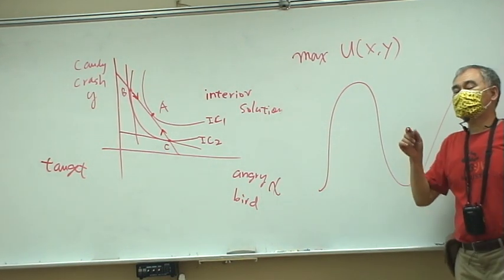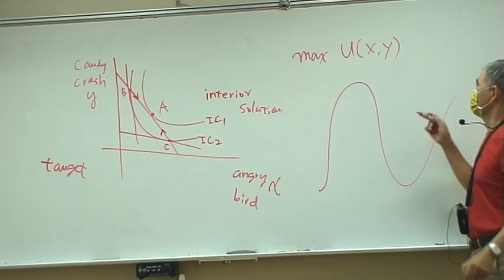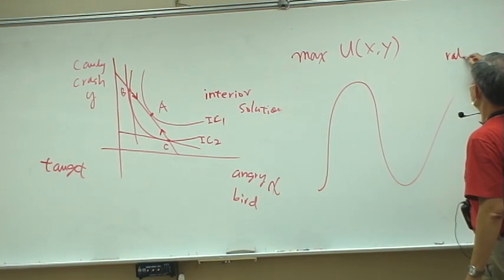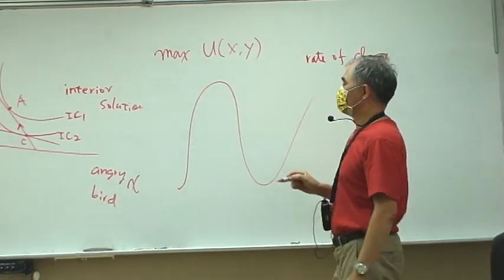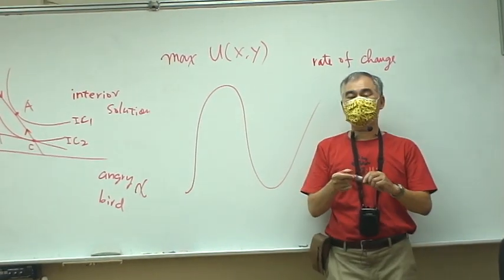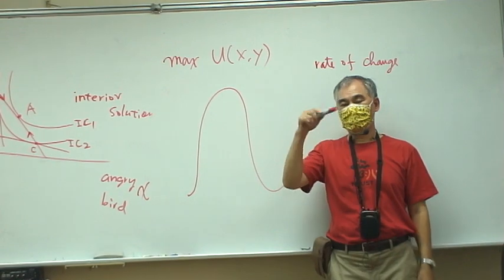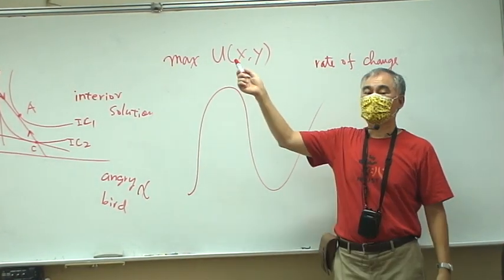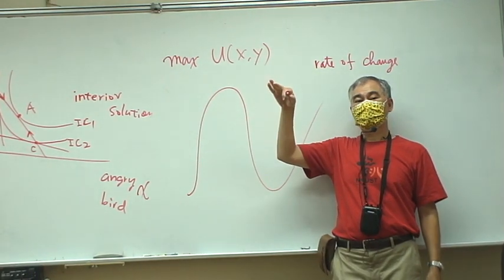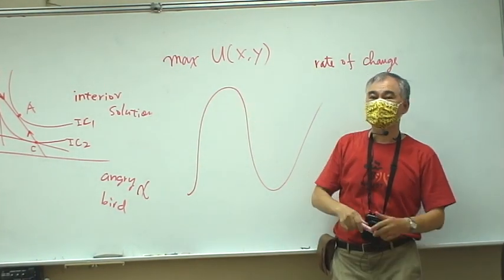So in this case, we talk about changes, the rate of change. We have to use calculus. We want to know how the slope changes. So this is the function, and if we want to know the slope, we need to use differentiation.